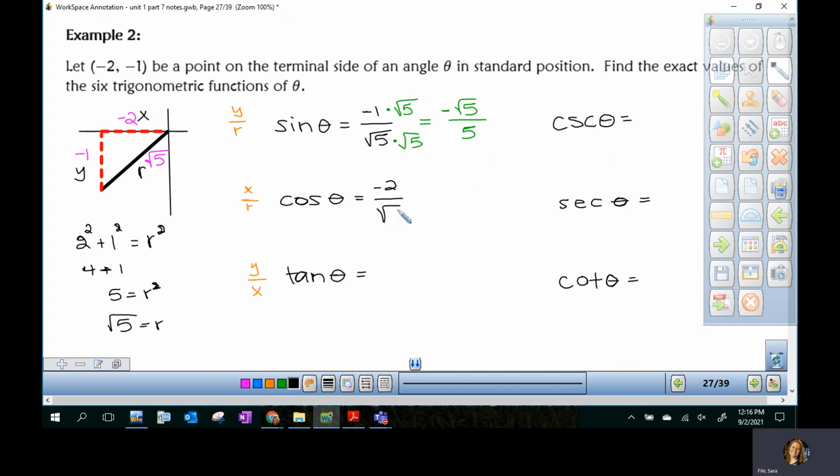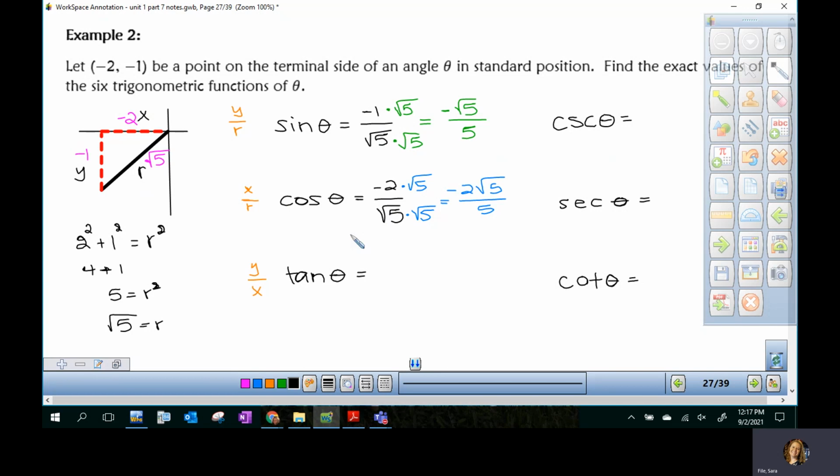I have to do the same process of rationalizing. Once you get the hang of rationalizing, you do not need to show me this times root 5, times root 5. You can go straight from -1 over root 5 equals negative root 5 over 5, okay? If it helps you to write out the work every time, that's fine too. Doesn't hurt to have more work. So it's -2 root 5 over 5.